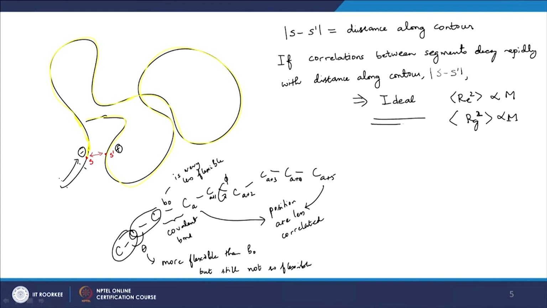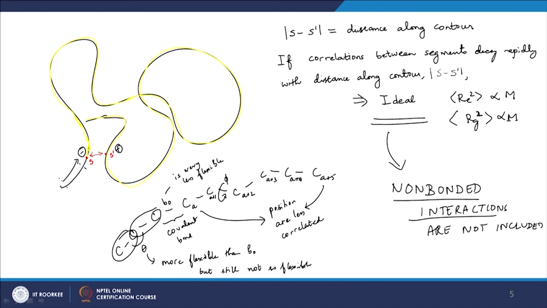So, when we discuss the ideal chain models, what essentially we are saying is the non-bonded interactions are not included.